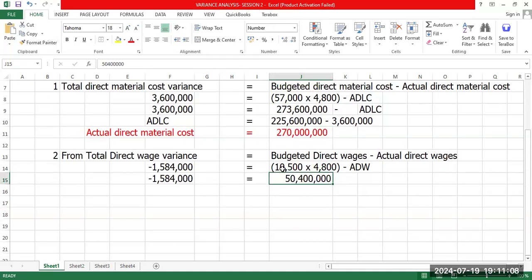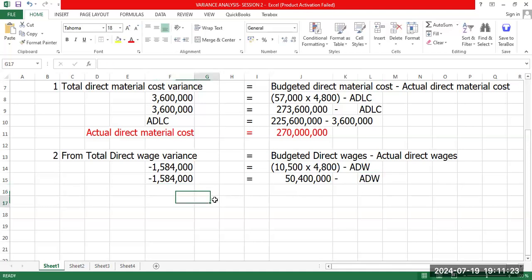Here we are saying 10,500 times 4,800. Then we subtract actual direct wages.